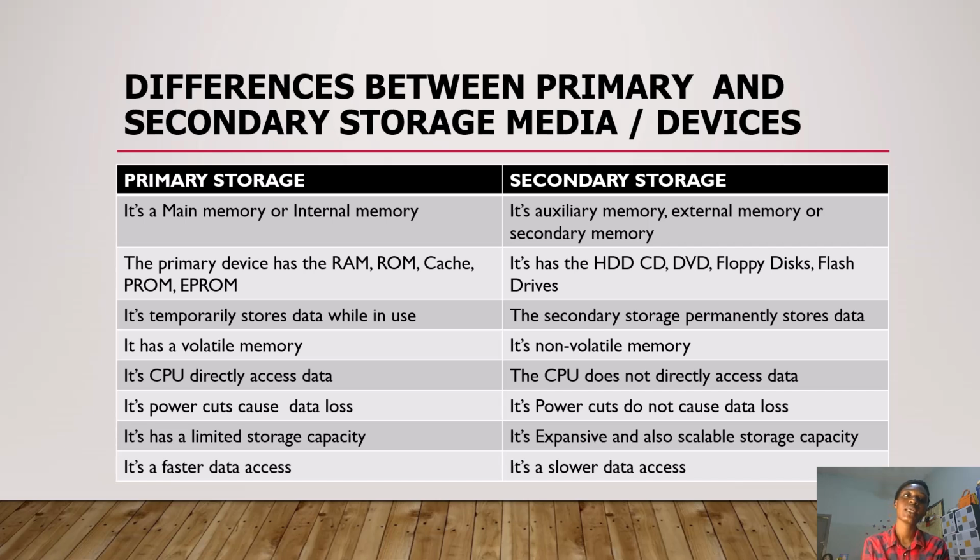And our last one for the differences between the primary and the secondary storage devices: the primary storage device has faster data processing. It's very fast when dealing with the primary storage device. And the secondary one is very slow. It has slower data access.